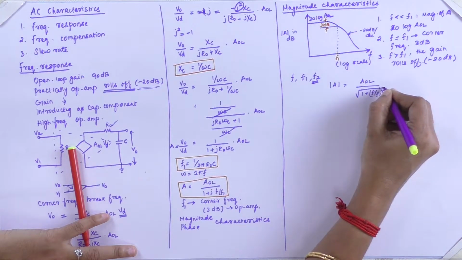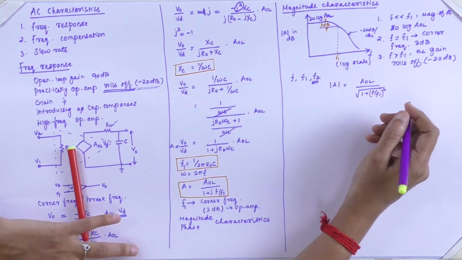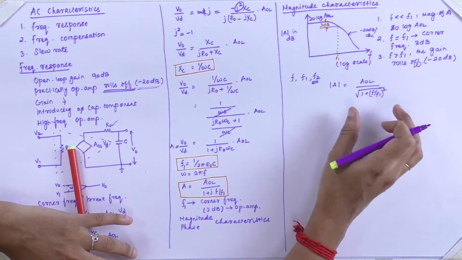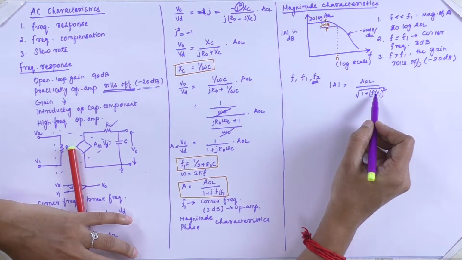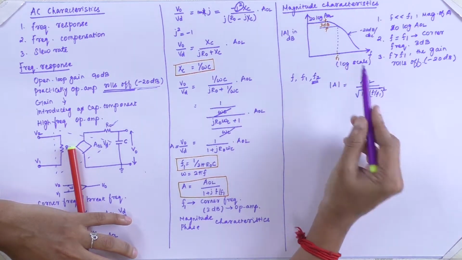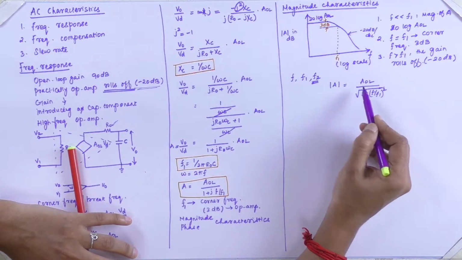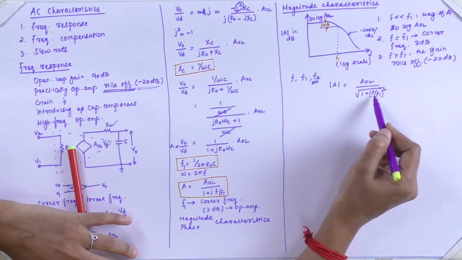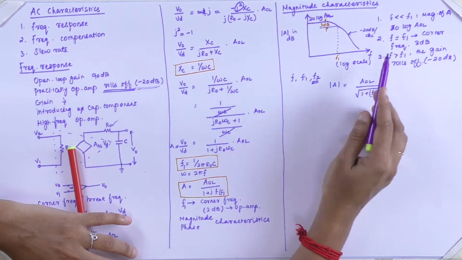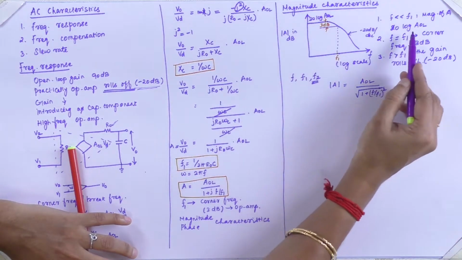To make everything a positive value, we take the magnitude. Based on this concept, if you apply 0 frequency, what will be the maximum gain? 1 plus 0, so for F equal to 0, your gain will be equal to the maximum AOL gain.